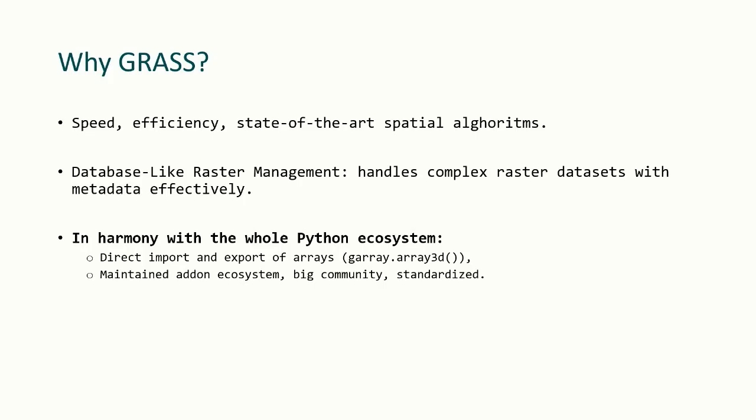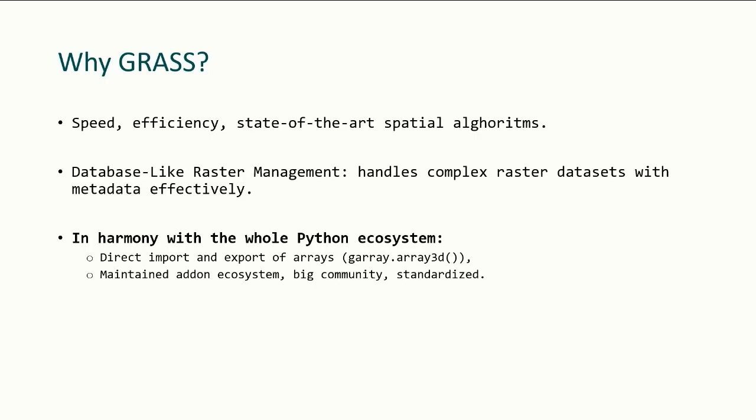It ingests the raster, in this case a 3D raster map from GRASS, directly into NumPy. You do whatever you want, and you throw it back like a baby, and it's spatially there where it's supposed to be. You don't have to fight with the metadata and so on, because GRASS handles this.